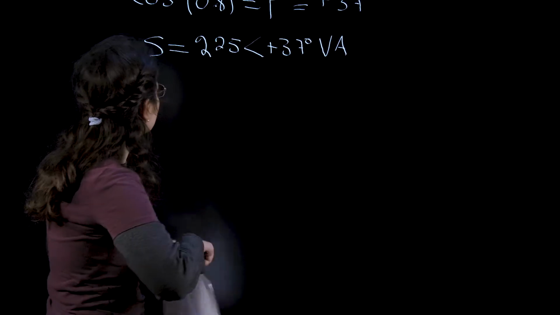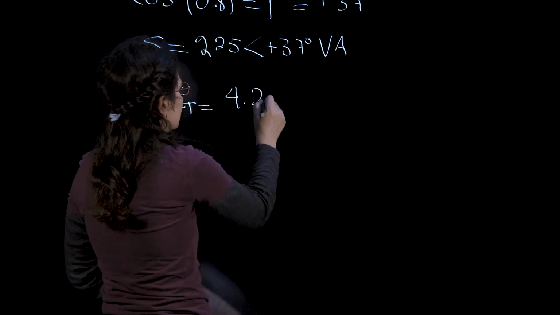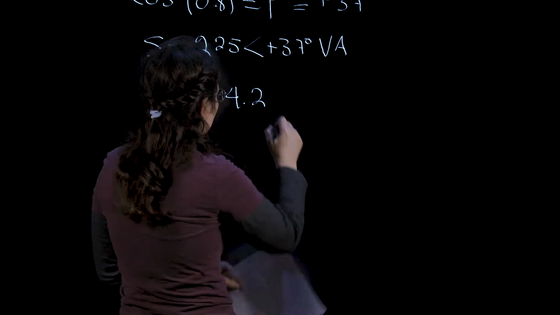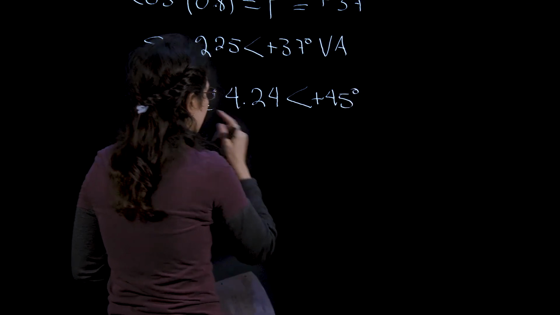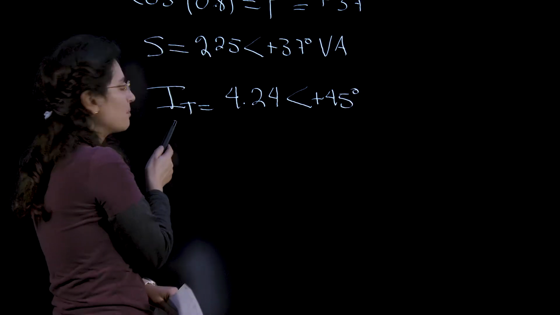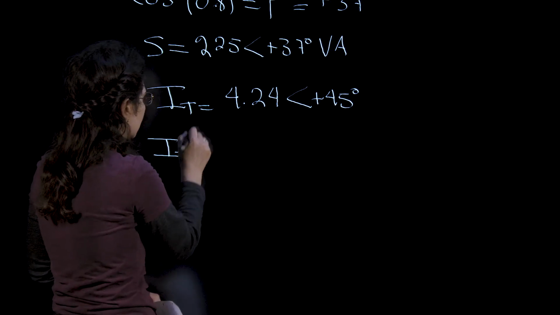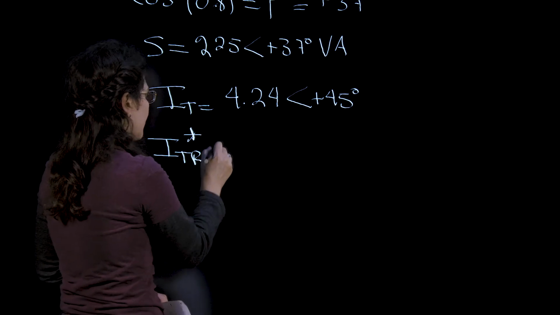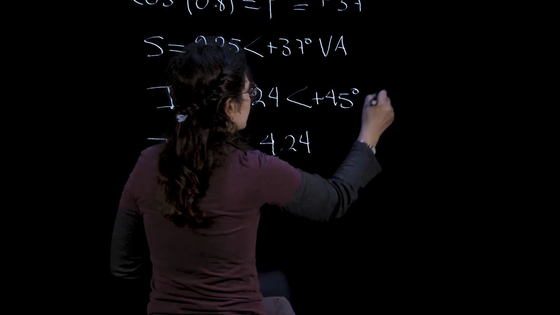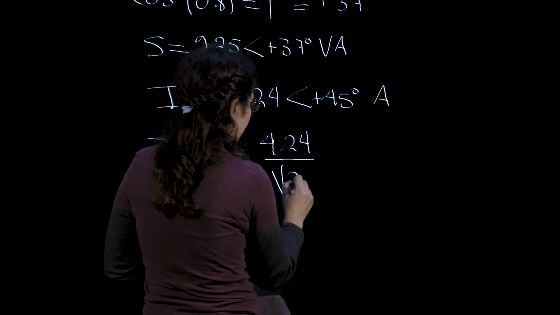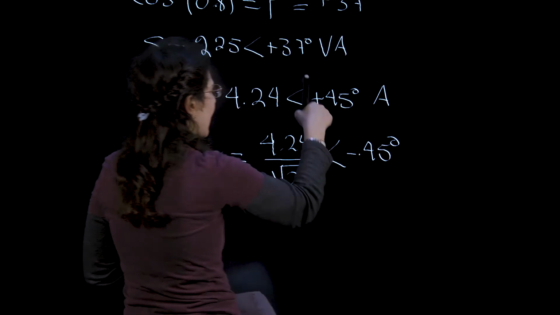So my total current would be 4.24 with an angle of plus 45 degrees. We need the total current complex conjugate, RMS, and that would be 4.24 amperes over square root of 2, with an angle of minus 45 degrees, because we have the complex conjugate here.